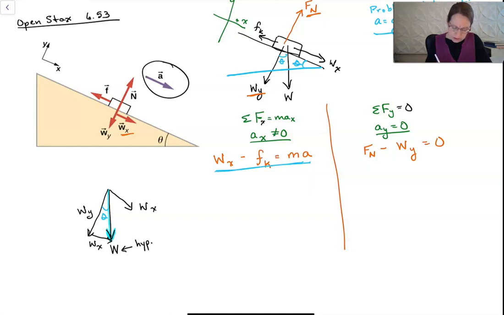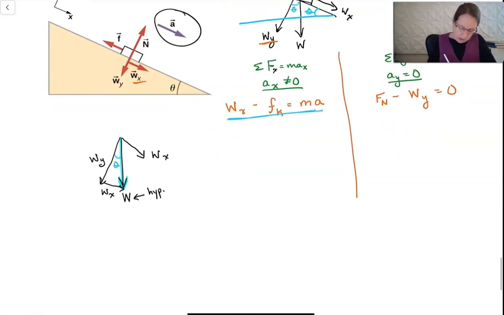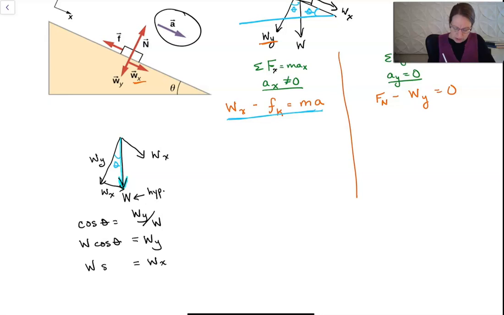If I look at this, I can say cosine of theta, the adjacent, is the y component over the hypotenuse, or w_y is equal to w cosine theta, and w_x equals w sine theta. This should feel very familiar by now.